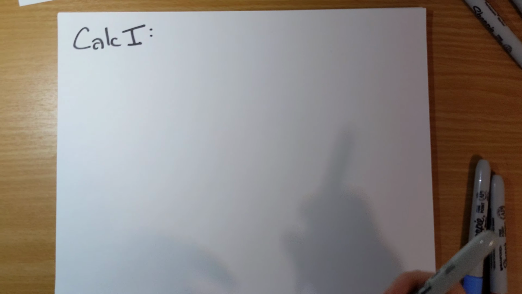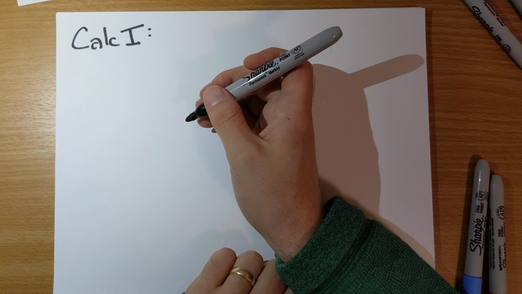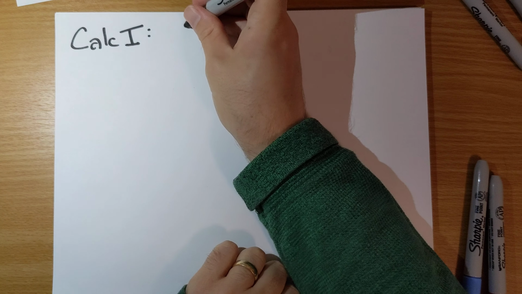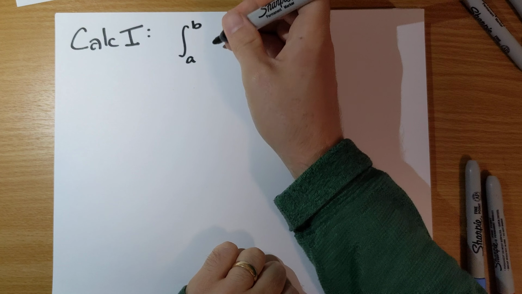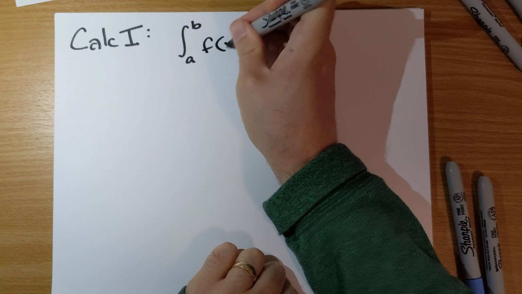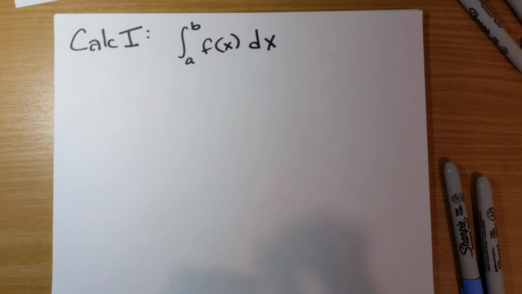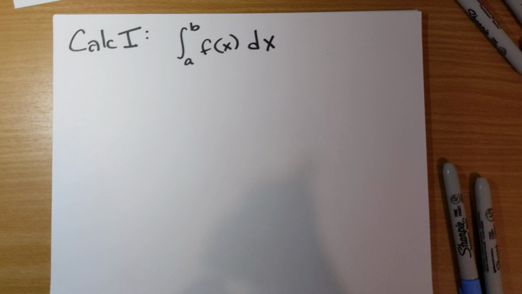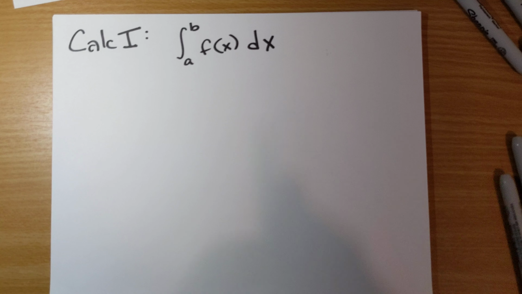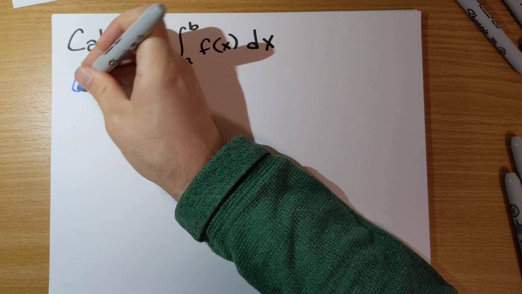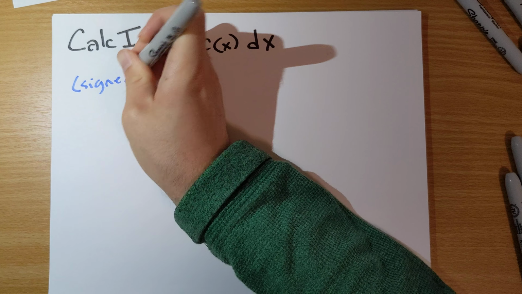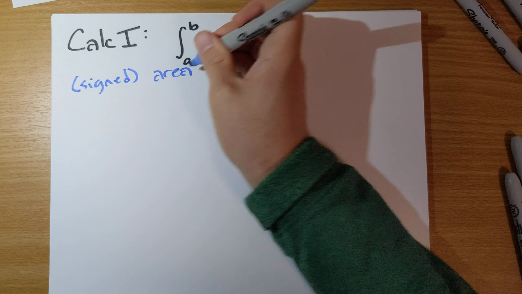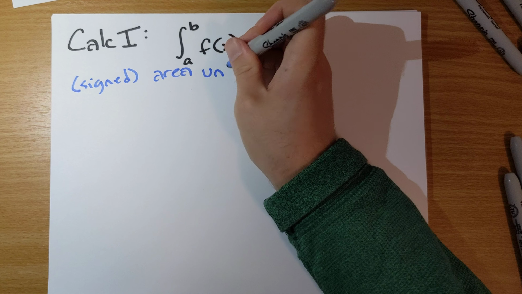Okay, so let's just do a brief comparison with Calc 1. In Calculus 1, the sorts of integration that we did, let me write down here a sample definite integral: the integral from a to b of f of x dx. The geometric meaning here is area, really we should say signed area under a curve.